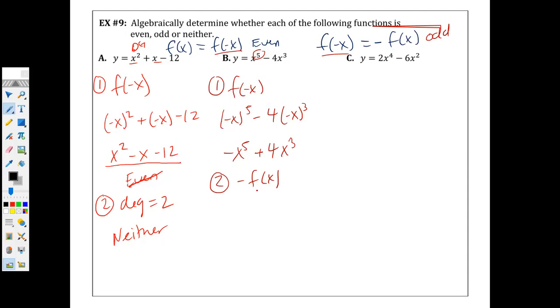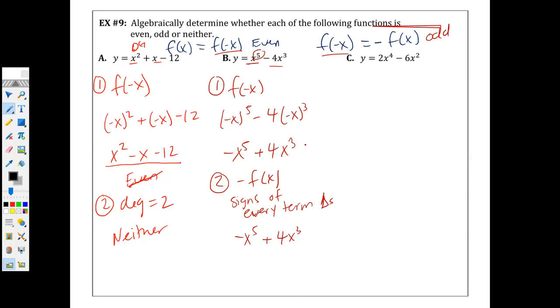If you have a negative outside the function, the signs of every term change. I'm going to put a triangle for change. I'm lazy. So when I look here to find negative f of x, instead of it being positive x to the fifth, it's going to become negative x to the fifth. Instead of being negative 4x to the third, it's going to become positive 4x to the third.